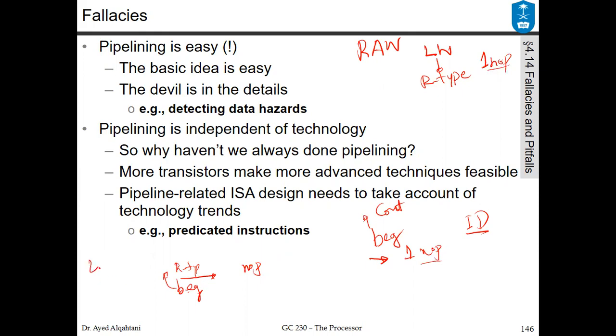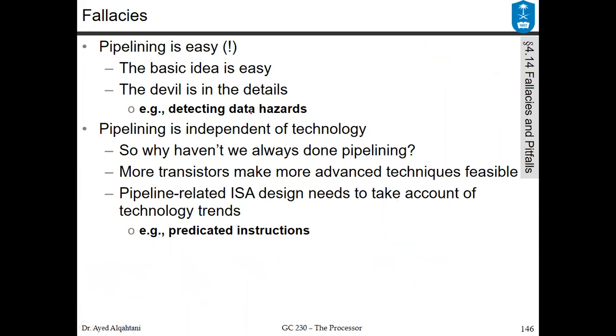If there is a load right before the branch equal, then you need not one nop, you need two nops. So those are the cases that we discussed. So the devil is actually in the details.